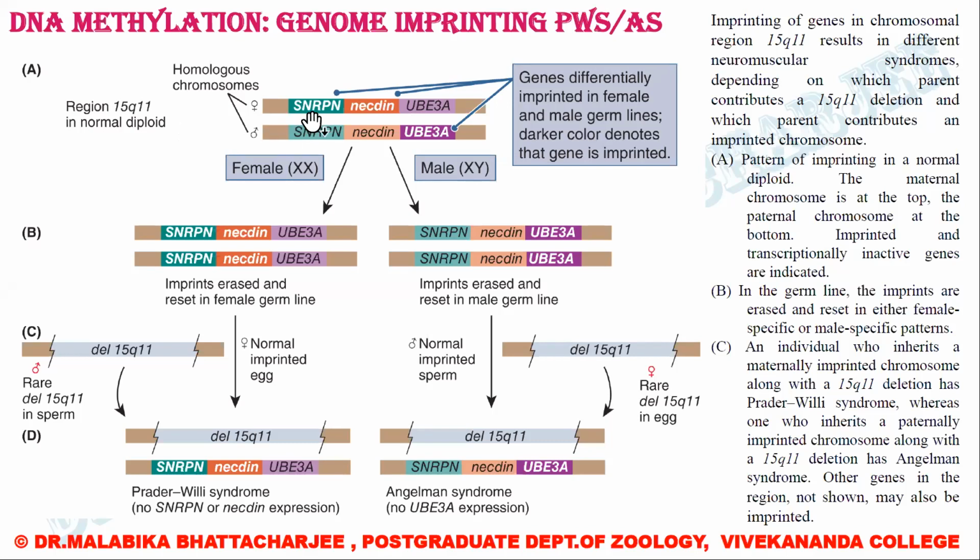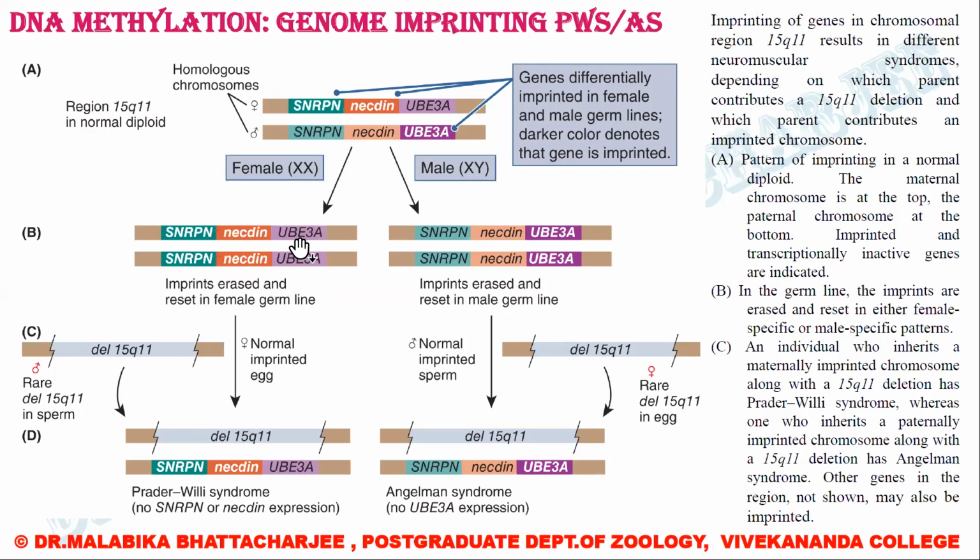The mother homologue has these three genes and the father homologue also has the three genes. In the case of the mother homologue, SNRPN and NECDIN are imprinted, so they do not give rise to any product. Clear? In the case of the father homologue, UBE3A is imprinted, so there is no product.